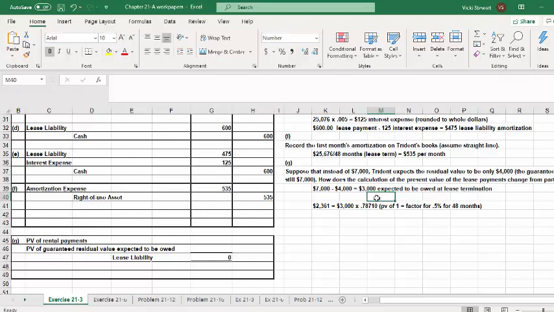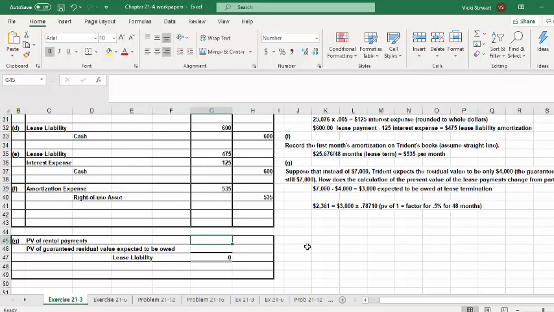So first we're going to need to determine what is the present value of the $3,000. So we would look up in a table for 48 months and 0.5%, and we would get a factor of 0.78710 for a present value of 1. Multiplying that by the $3,000, we would get $2,361 for the present value of the amount we expect to actually have to pay.